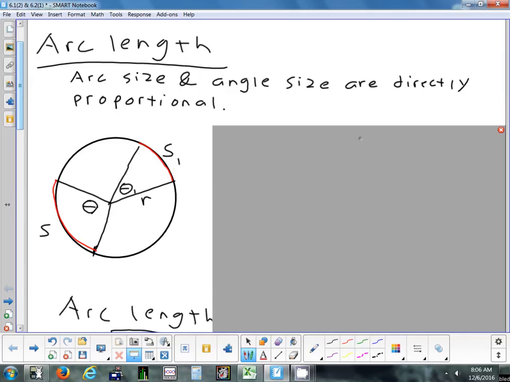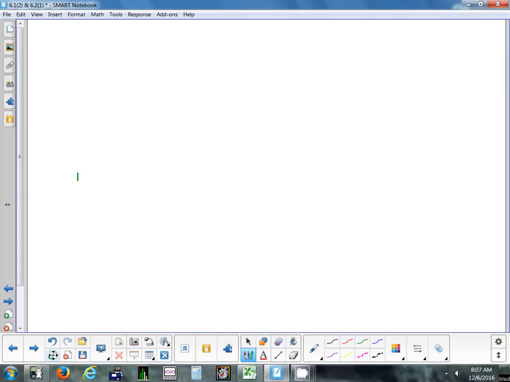All right, now, in order to come up with a formula to figure out the length of an arc, we've got to have a starting point. Okay, we've got to have a fact that we already know is true, a relationship between arc size and angle size. Okay, and I gave an example yesterday. If you wanted to convert feet to inches, you would have to already know that there are 12 inches in 1 foot.